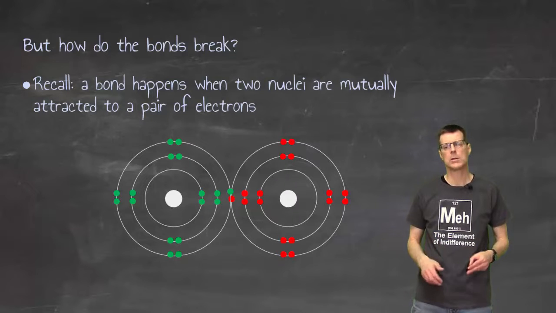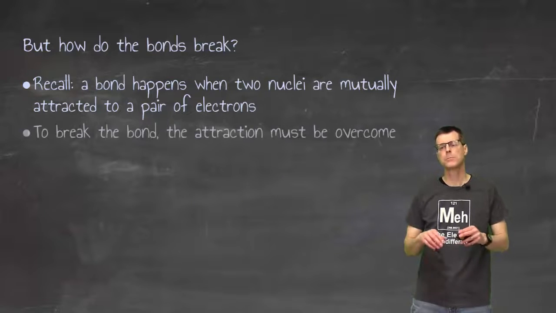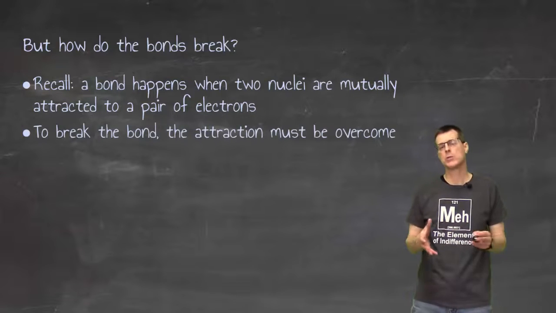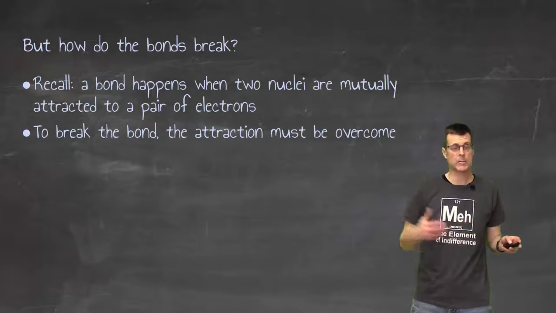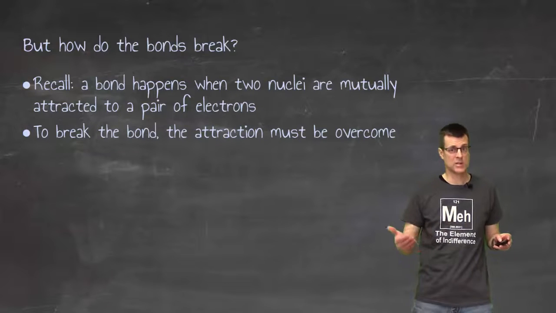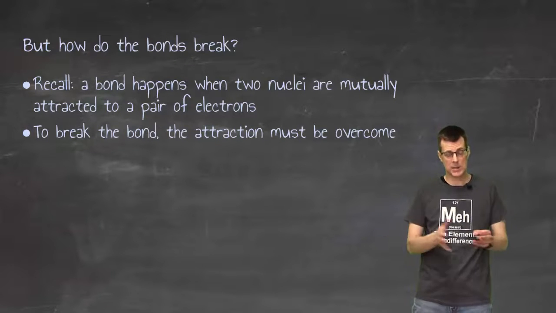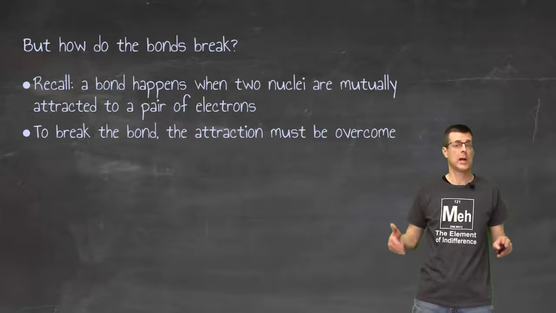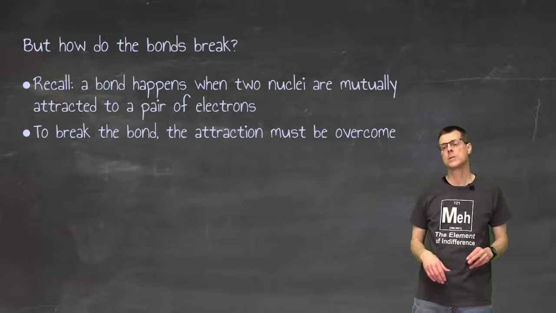That's what sharing the electrons means. In order to break that bond, I'm going to have to overcome that mutual attractive force between the atoms and the valence electrons. Not the atom and its own valence electrons necessarily. I mean, sometimes it does. If I break a bond apart and it comes off as ions, then yes, one atom got all the electrons, or at least both of the electrons.